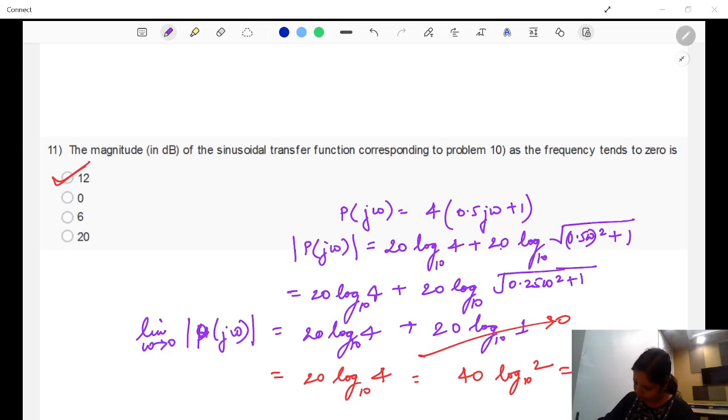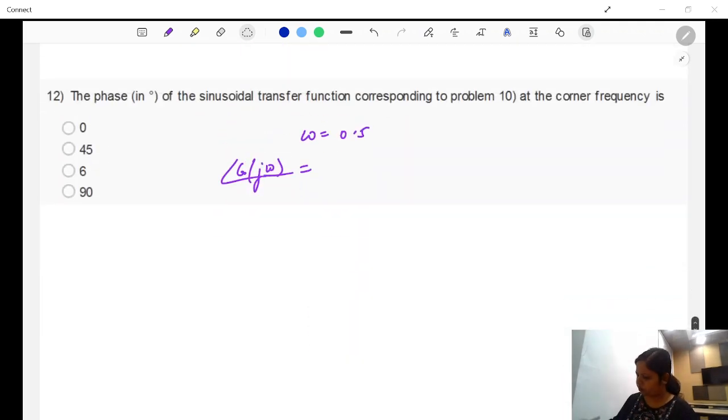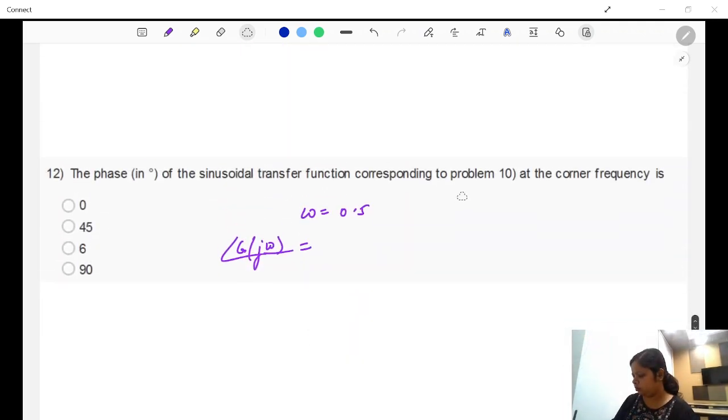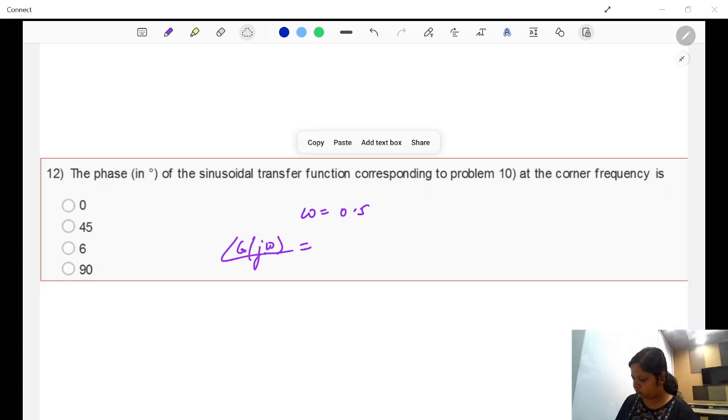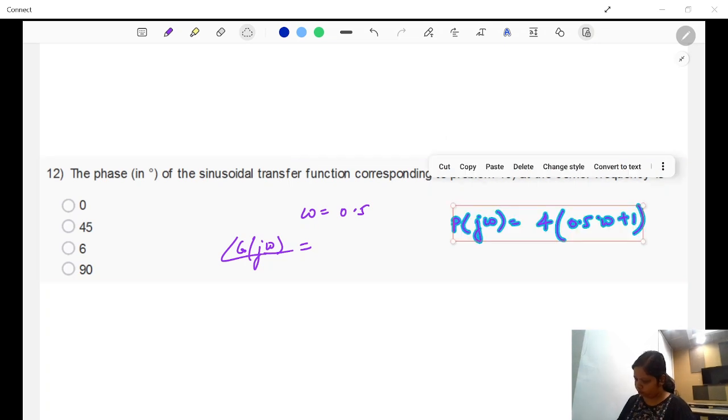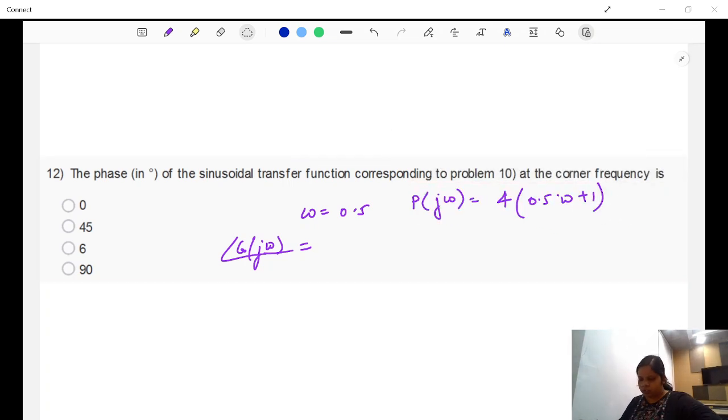So this is your transfer function. Now we want to find the phase. So this constant 4 does not contribute anything to phase, it basically gives you just 0, right?